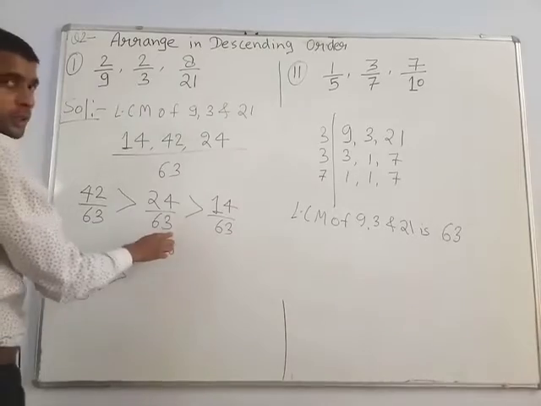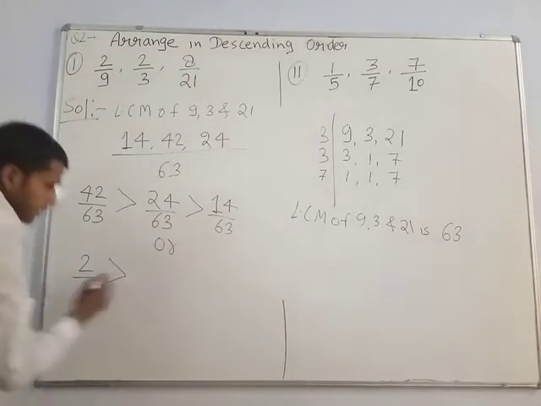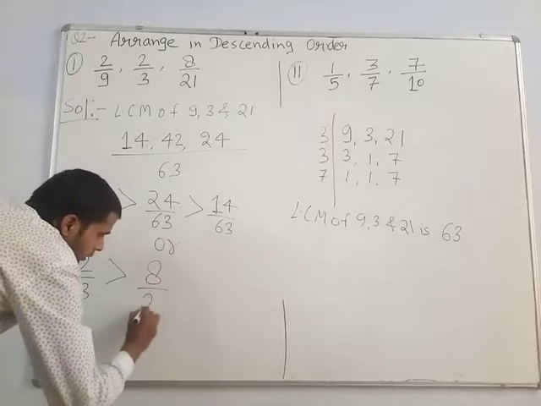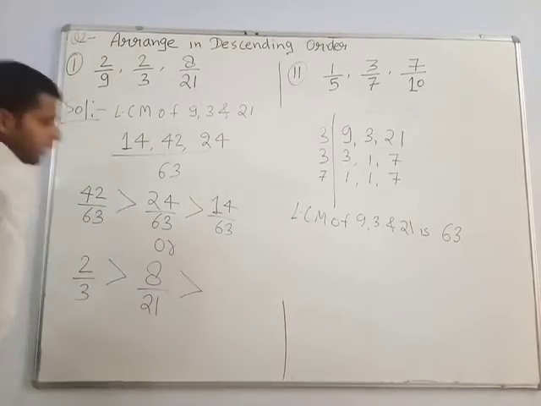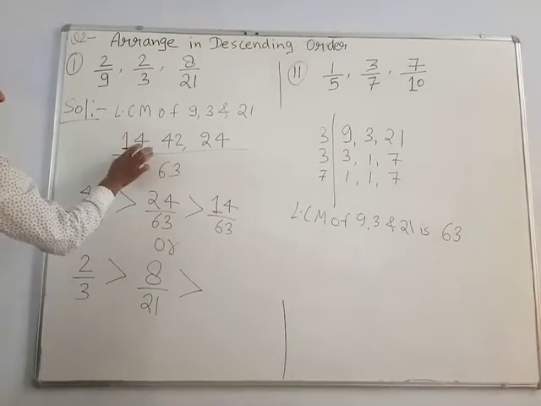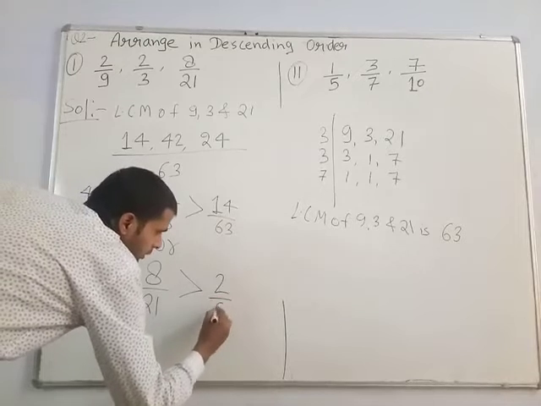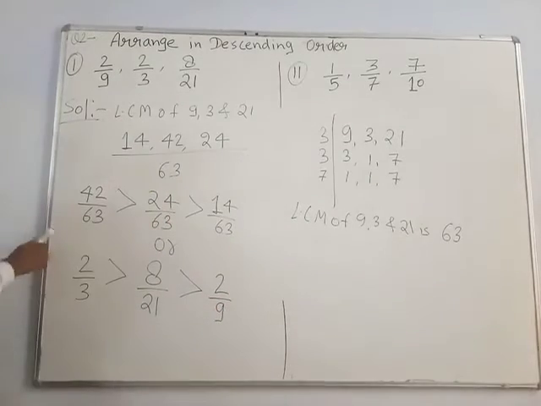Then 24 upon 63, that value is 8 upon 21, and last 14 upon 63. 14 upon 63 is 2 upon 9. Right?